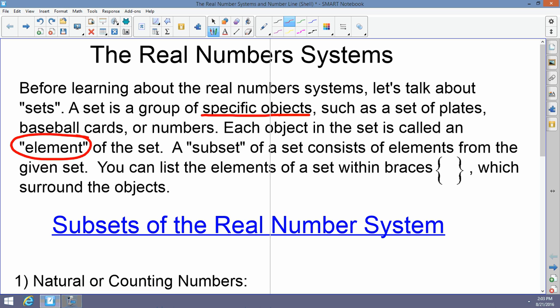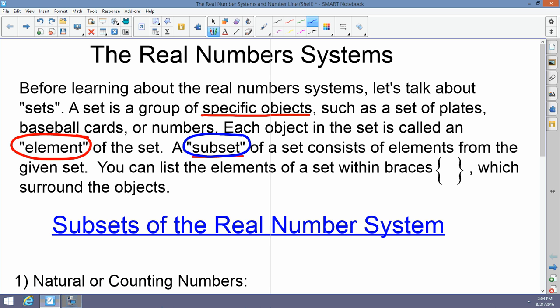And a subset of the set consists of elements from the given set. So for example, let's talk about subset here for a second. Let's say that you have a set of baseball cards. Now, in your entire collection, some are really valuable and some are not so valuable. So let's say that you want to isolate and pick out the rare, valuable baseball cards in your particular baseball set.